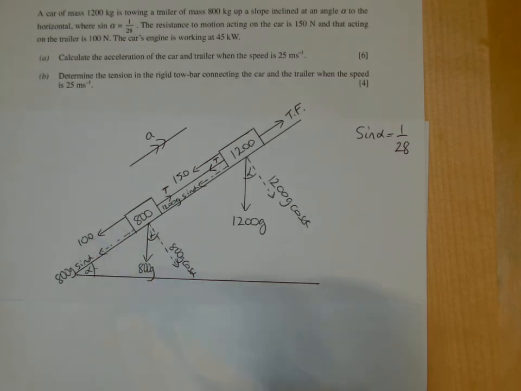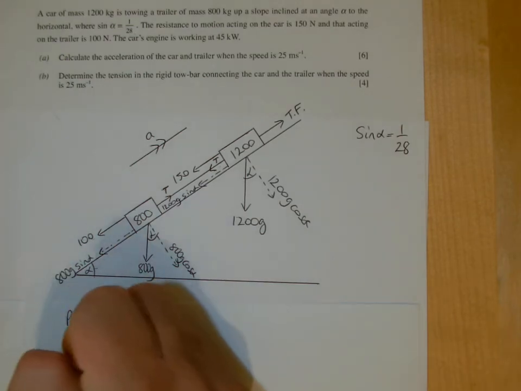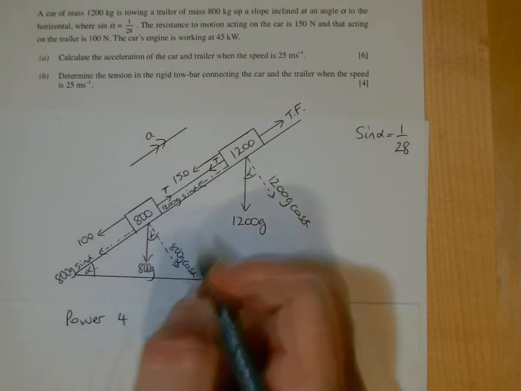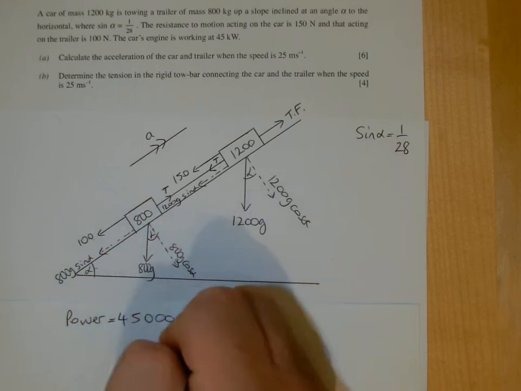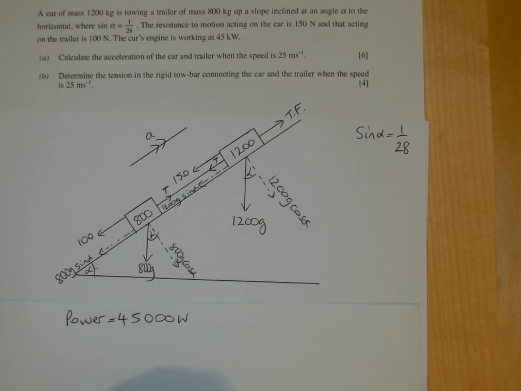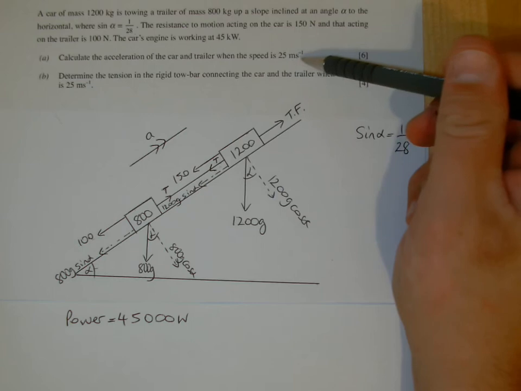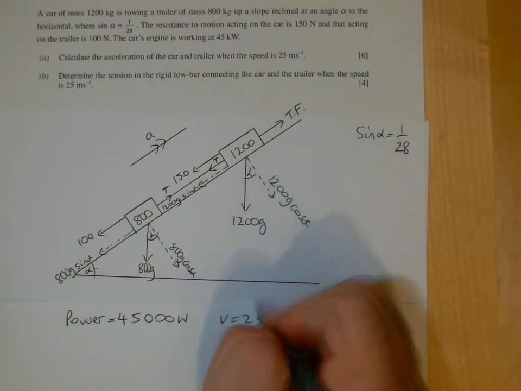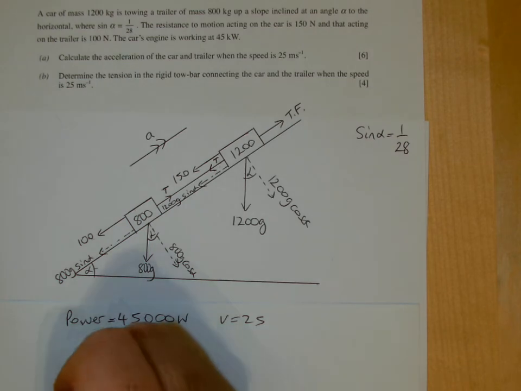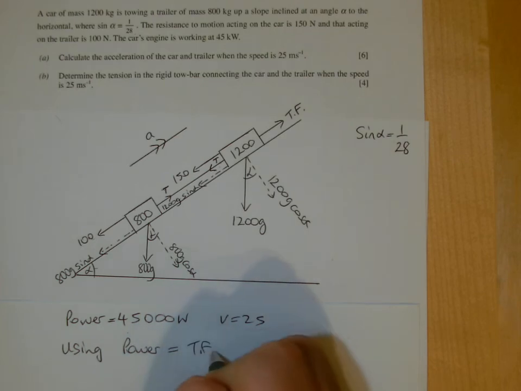They tell us in the question that the power is 45 kilowatts, so 45,000 watts. And in part A we're asked to calculate the acceleration of the car and trailer when the speed is 25, so V is 25. Connecting these two is the formula: power equals tractive force times velocity.